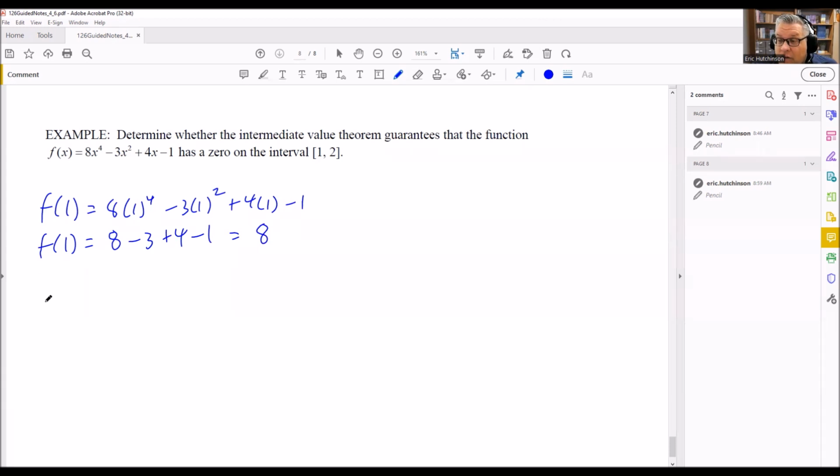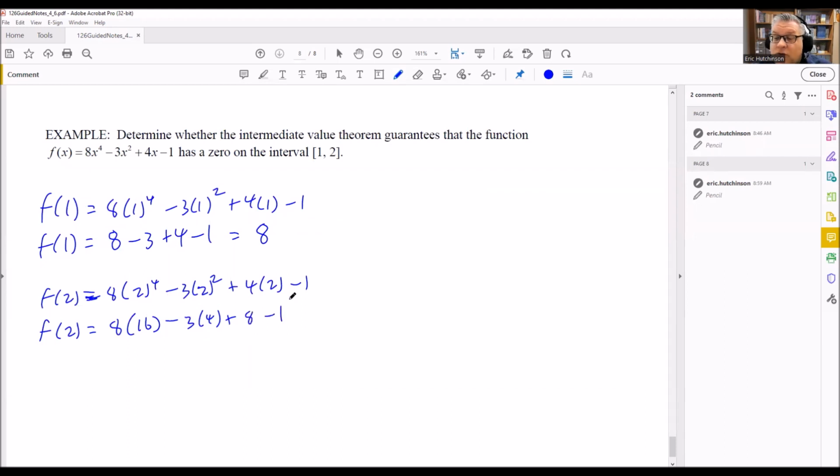Now let's try f of 2. Okay, so we'll put that in here, putting 2 in for all of the x's. So now we're going to simplify each of those. This is going to be 8 times, this is 16 here, minus 3 times 4. This is 8 we can do right away, and then minus 1.